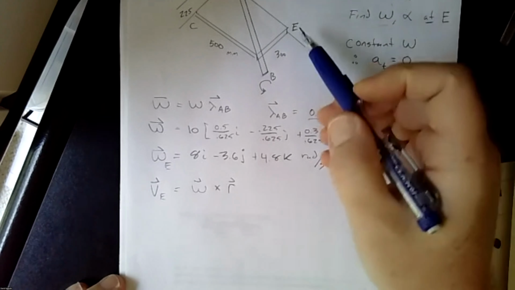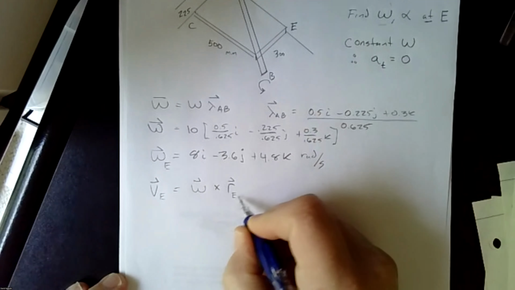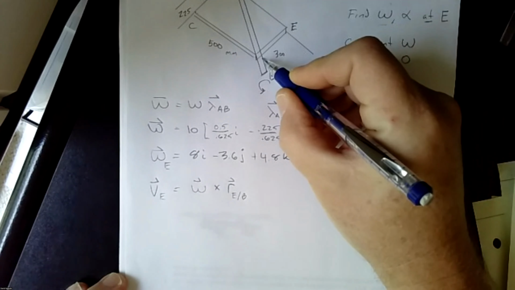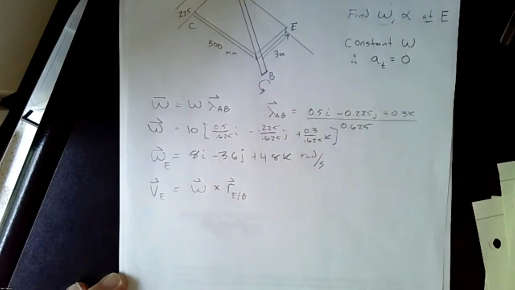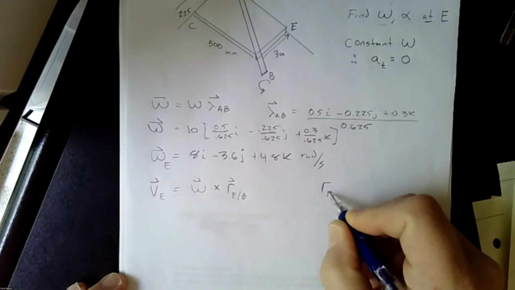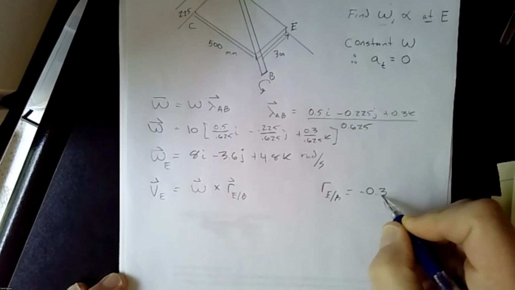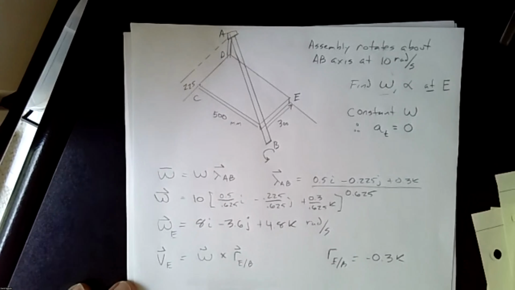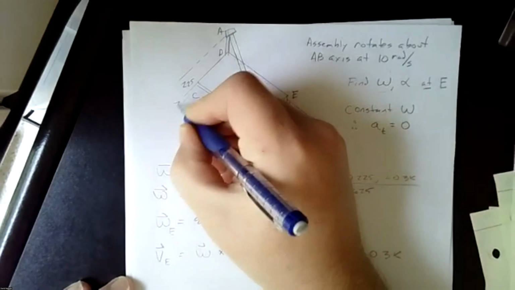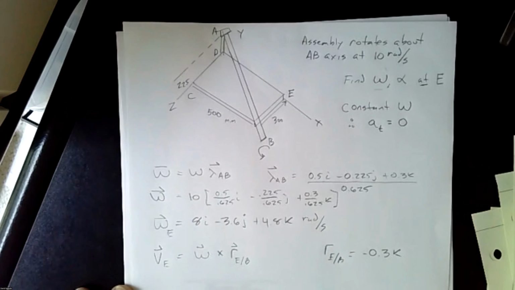The best way to get R of E relative to B is to go from B to E, and that's just going to equal negative 0.3 K. And with our axes, of course, this being the Z, this is the X, and this is the Y.